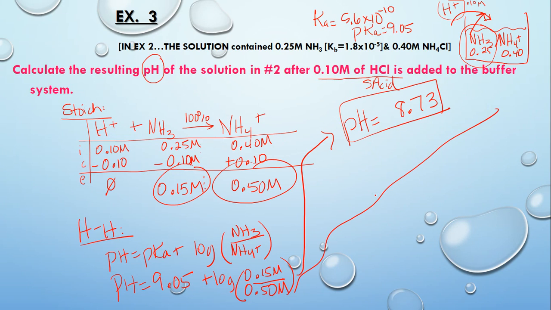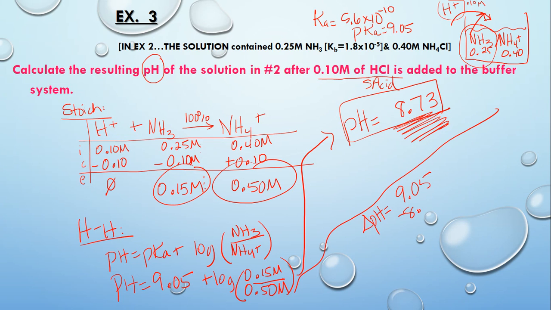So now let's look at our change in pH again. Now remember, the original buffer pH we determined in number 2 was 9.05. When the acid was added, and you would expect the pH to go down some because you're adding an acid, the pH changed to 8.73.